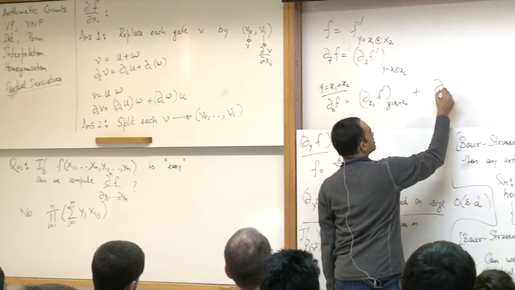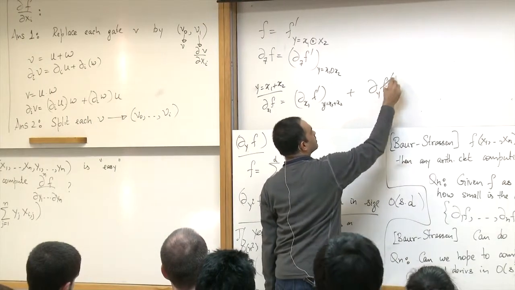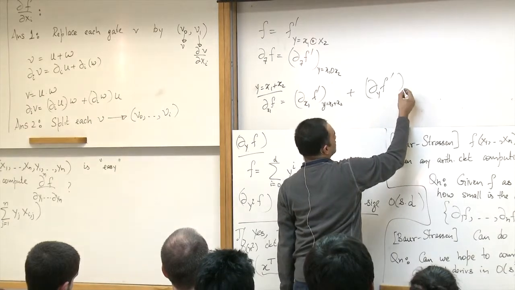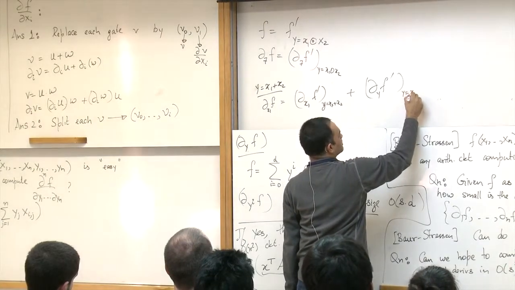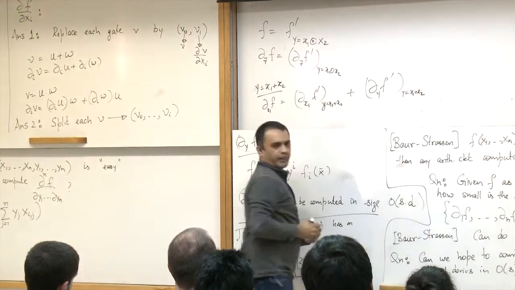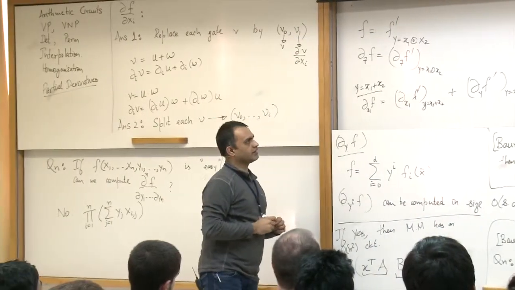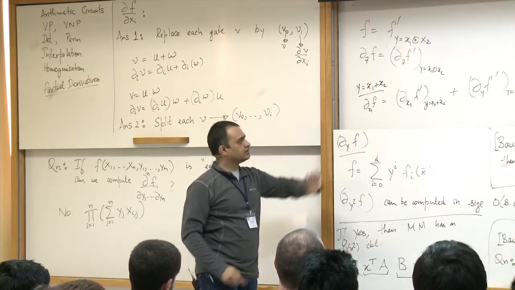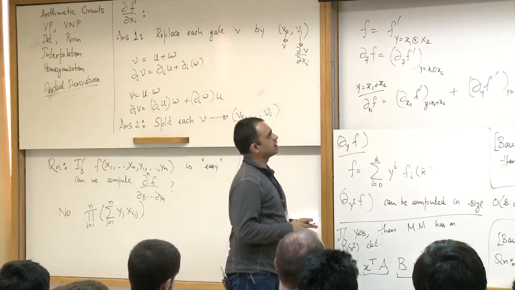Plus the derivative with respect to y, and derivative of y with respect to this is just 1. So you again replace y equals x1 plus x2. Right? So this is the expression for the derivative of f with respect to this guy.